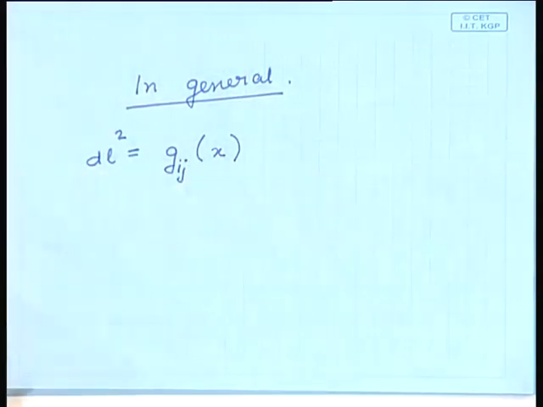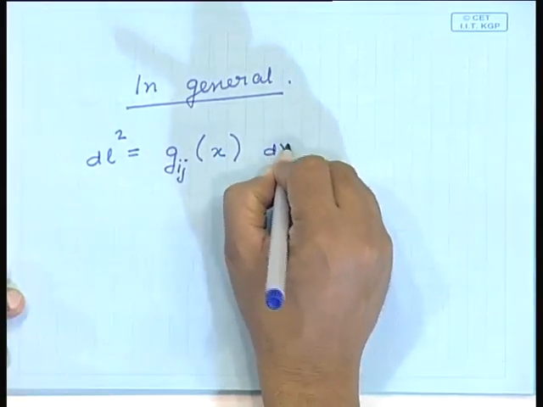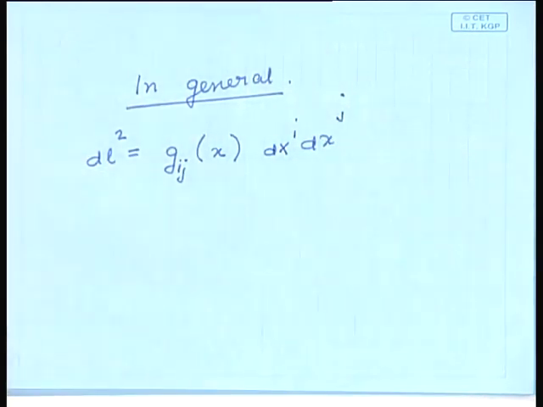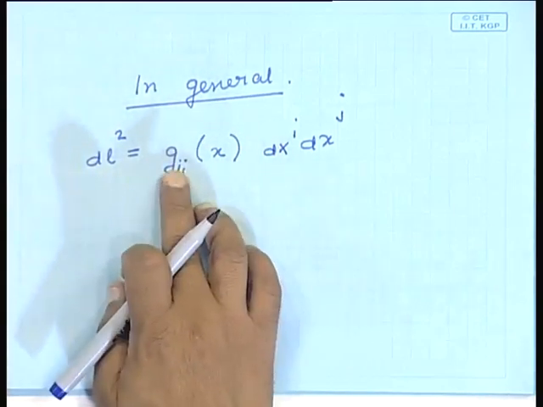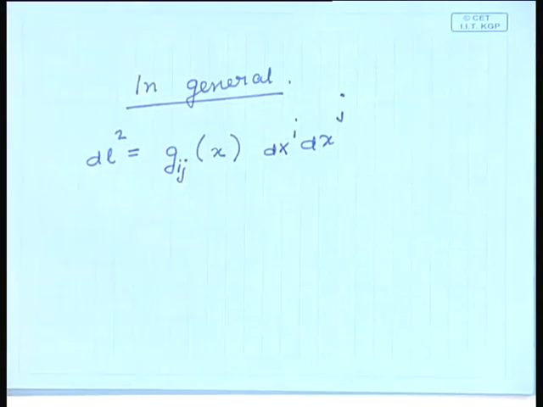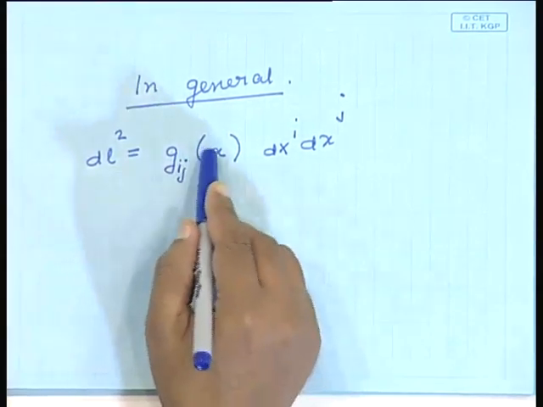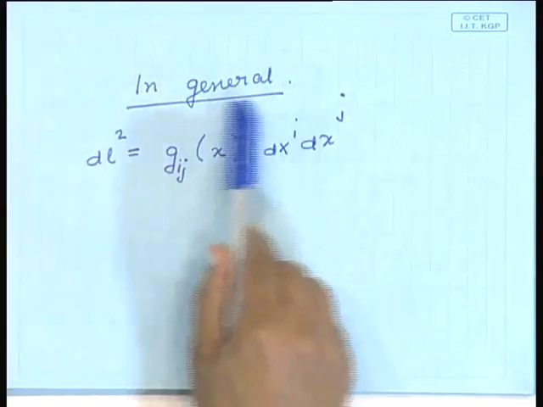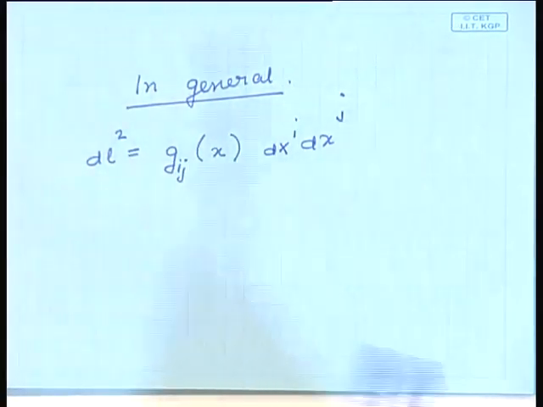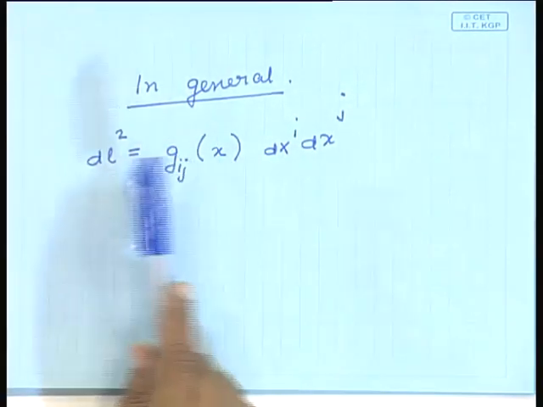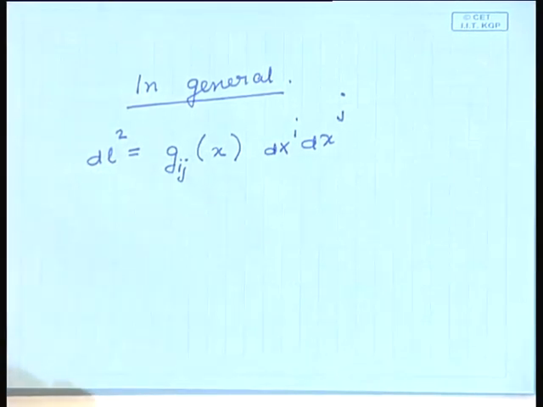It varies from place to place, into dxi dxj. Okay. So in general, you could have some arbitrary matrix. The components of the metric could be arbitrary functions of the coordinate, as long as this Gij is symmetric, and in some general curved coordinate system, or in some general arbitrary curved space, this is the general form. So the components of the metric are now functions of the coordinates.